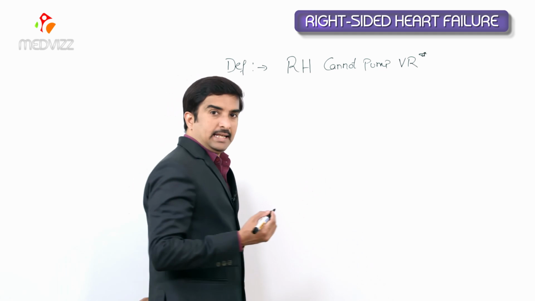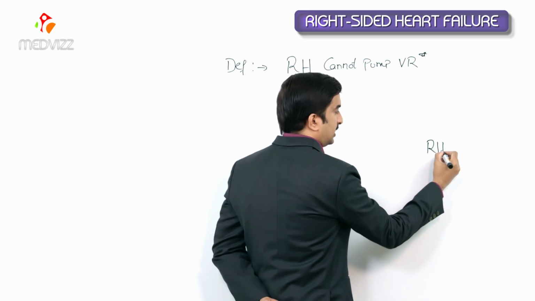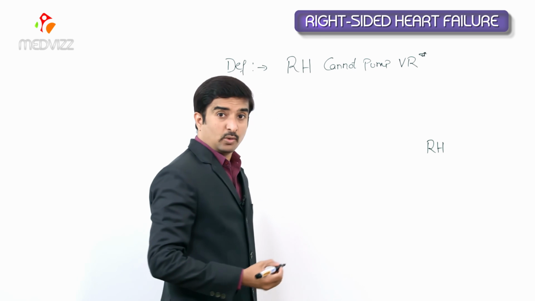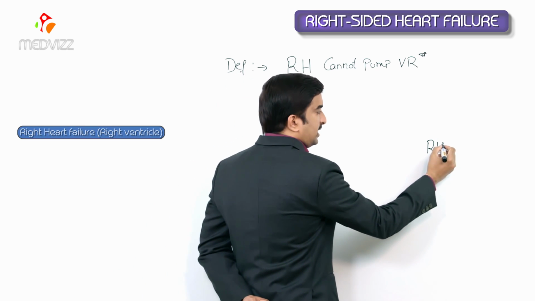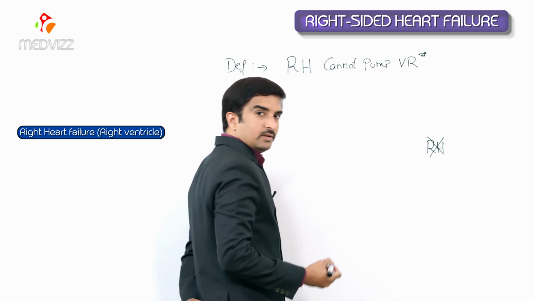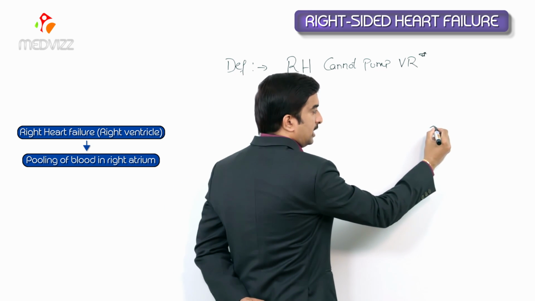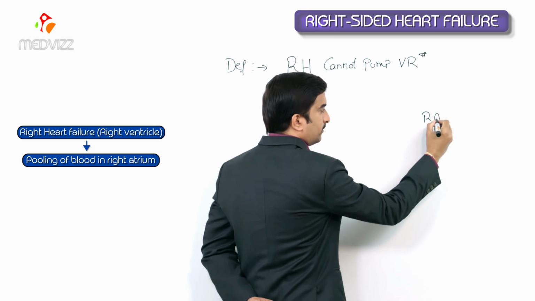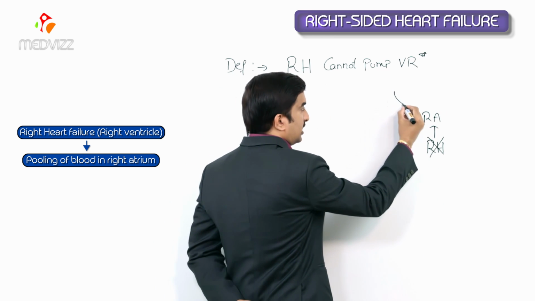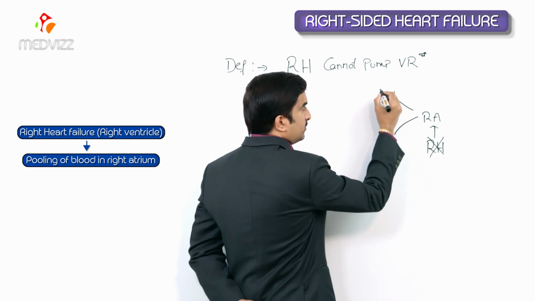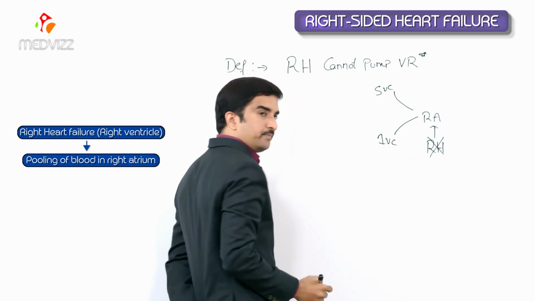If you think that this is the right heart, that is the right ventricle, whenever there is a right heart failure, there will be a pooling of blood into the right atria. And we know that the right atria receives blood from the superior vena cava as well as the inferior vena cava.